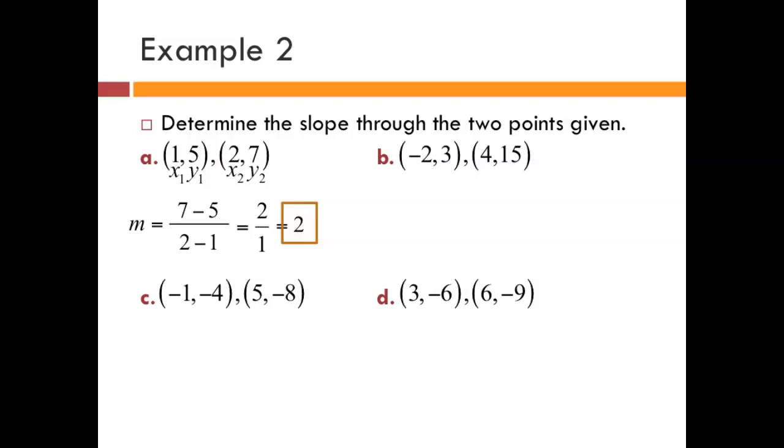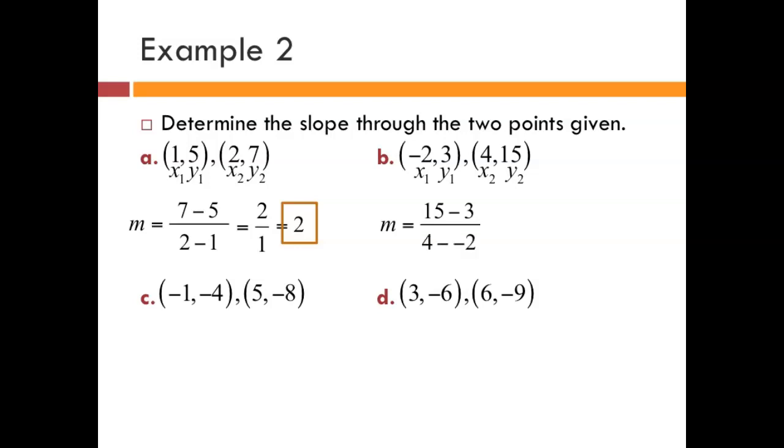All right, next we have negative 2, 3, and 4, 15. Again, I will label x1, y1, x2, y2 before I apply the formula. So here's the slope. That would be y2 minus y1, 15 minus 3, and then x2 minus x1, that's 4 minus negative 2.